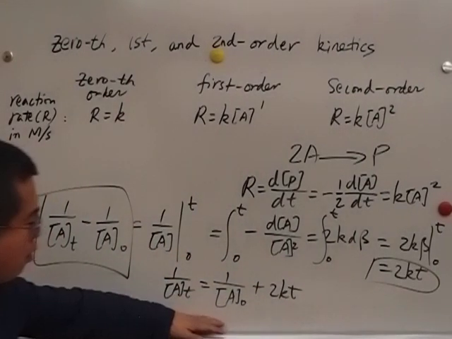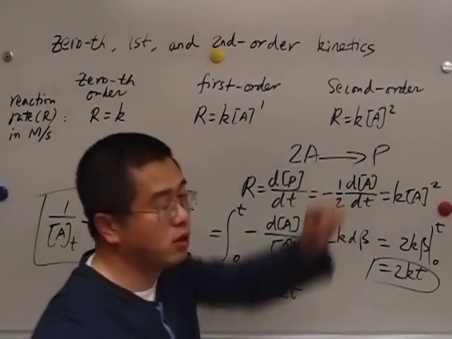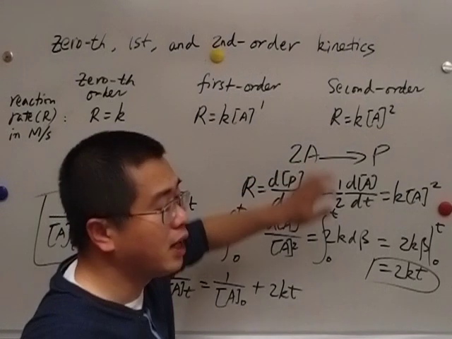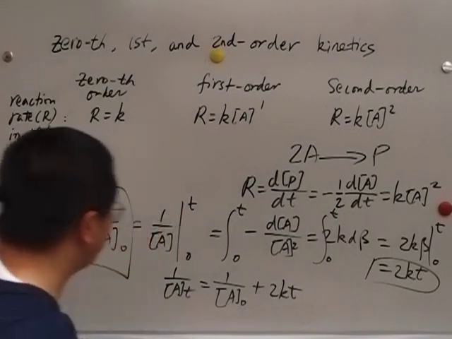That's the rate law of the second order chemical kinetics if we have 2A as the reactants.